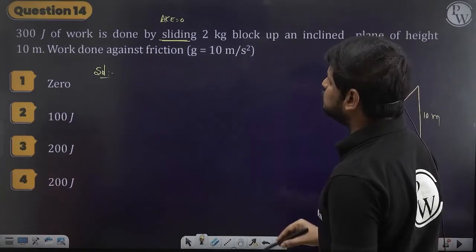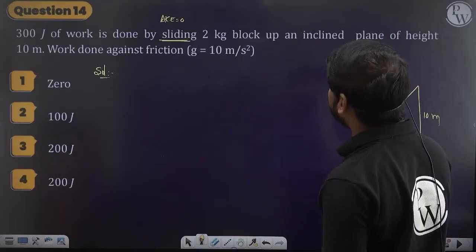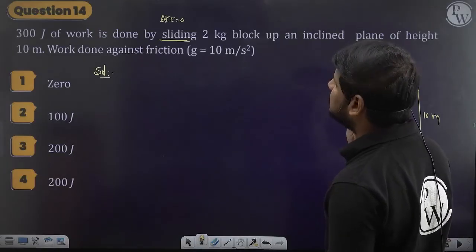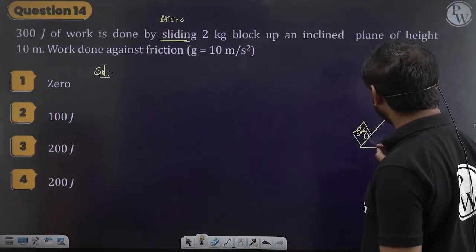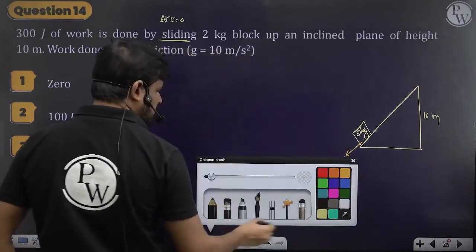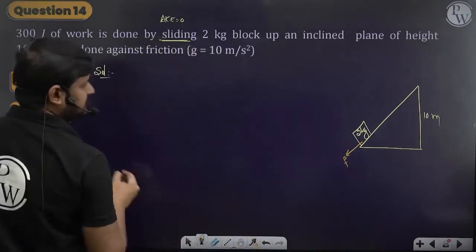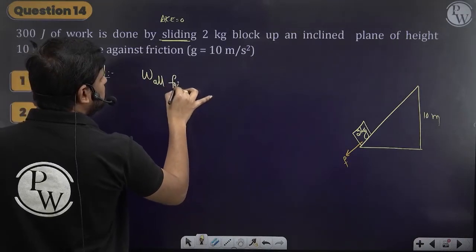So 300 joules of work is done by sliding a 2 kg block up an inclined plane of height 10 meters. What is the work done by friction? When it is moved up, the friction will act in this direction. Now let me write. The work done by all the forces will be equal to 0.